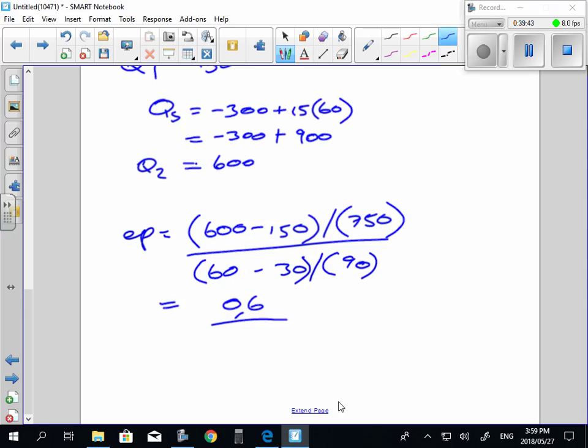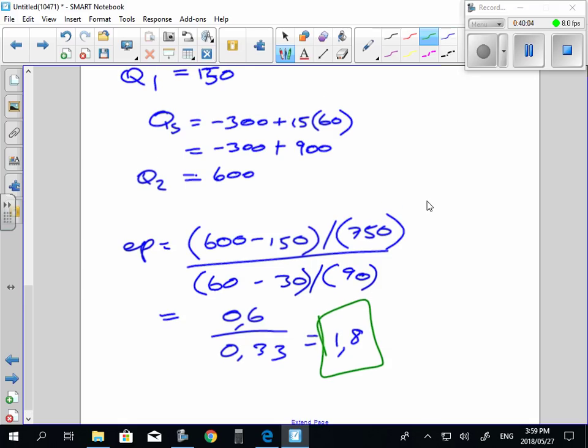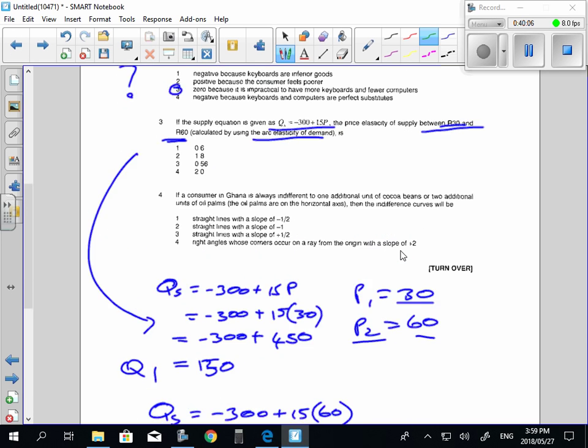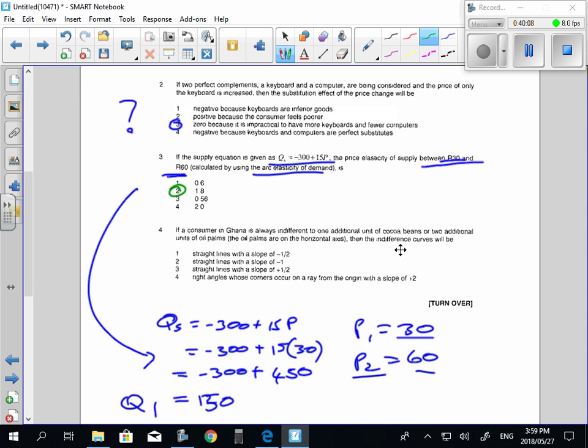Should give you the following, 1.8. Right. And you know it should be a positive answer. Why? Because you're calculating the price elasticity of supply. And you know that the supply curve has a positive slope, which means you get a positive answer, 1.8. Okay.